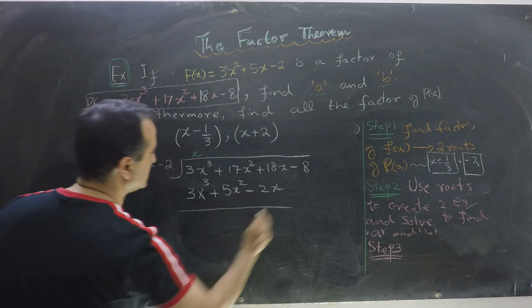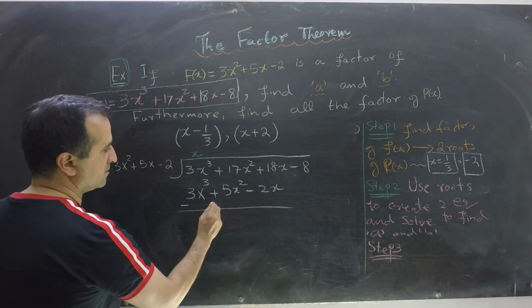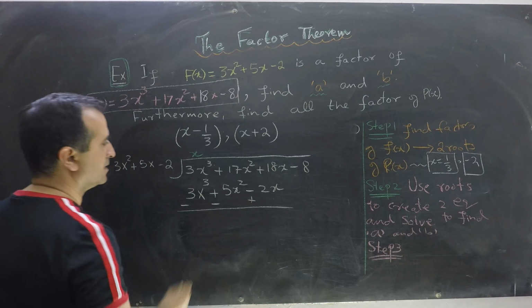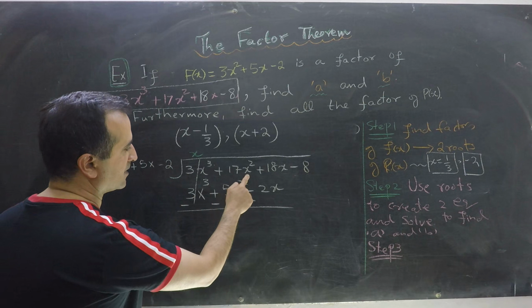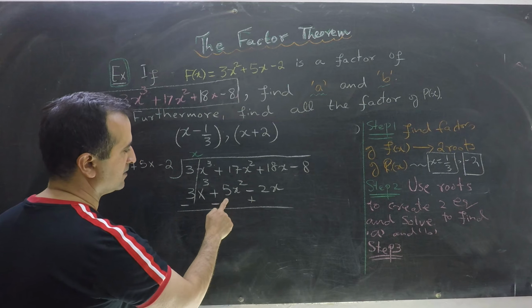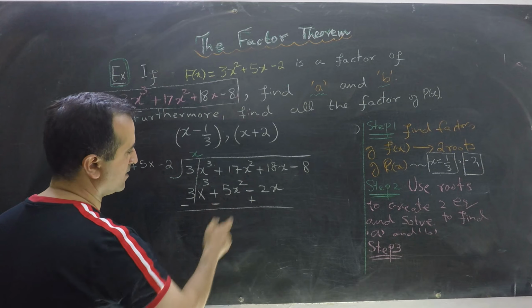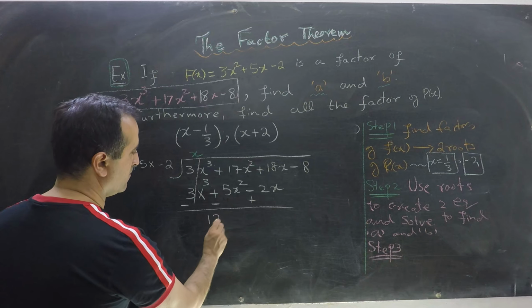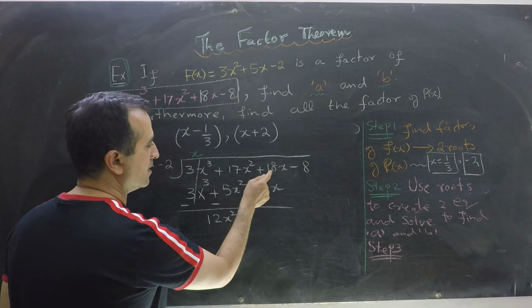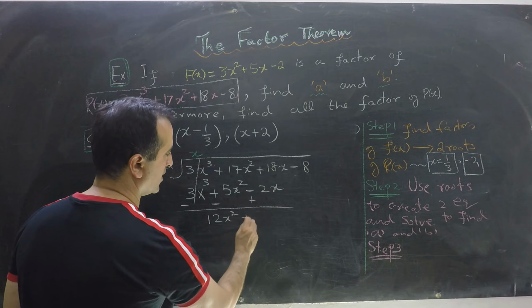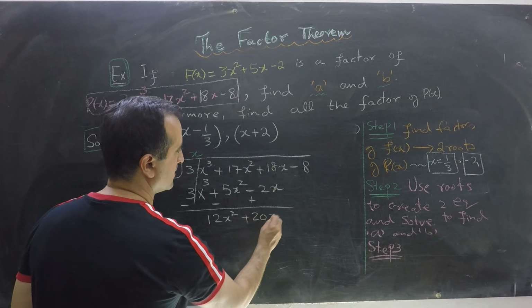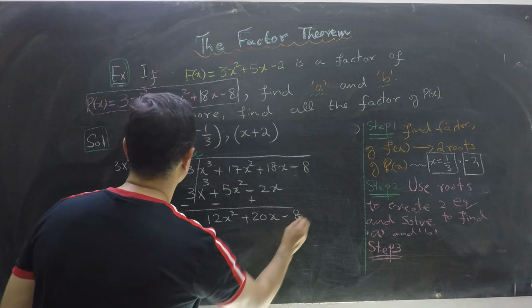I will change my signs: minus, minus, plus. These two terms will cancel. 17x squared minus 5x squared is 12x squared. 18x plus 2x is plus 20x, minus 8.